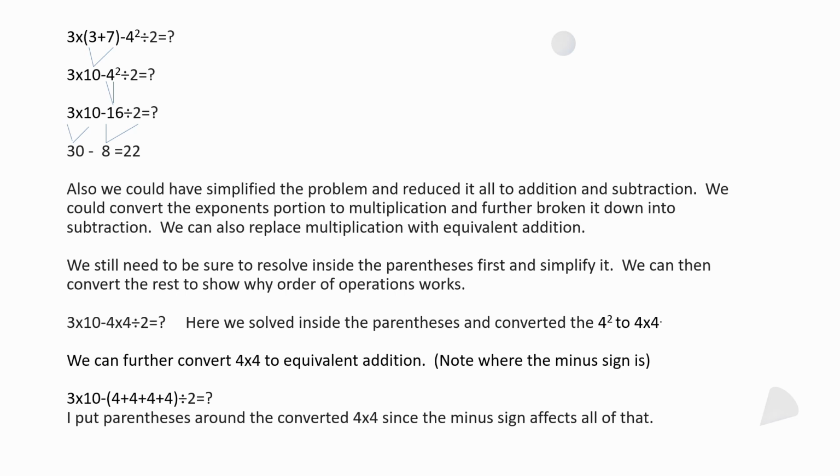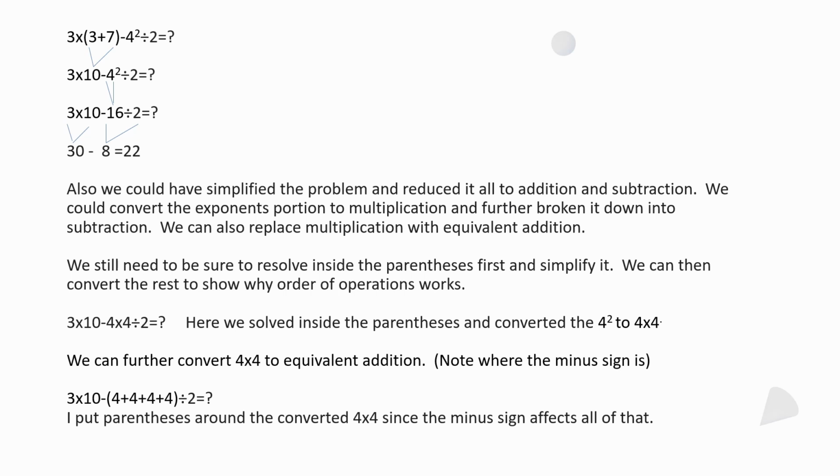We could have simplified this problem and reduced it all to simple addition and subtraction. And you might ask, well, addition and subtraction, of course, would be easier, right? You might be writing it out a lot longer, but it's simpler to work with. We could convert our exponents portion of that problem down to multiplication because we already said 4 to the second power is the same as 4 times 4.